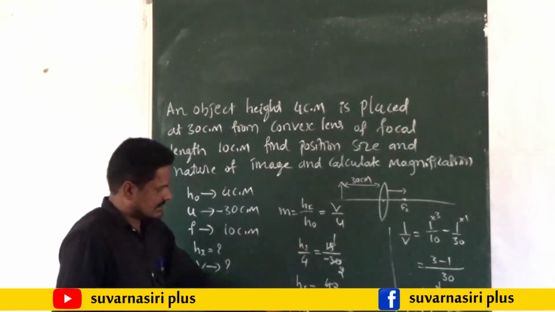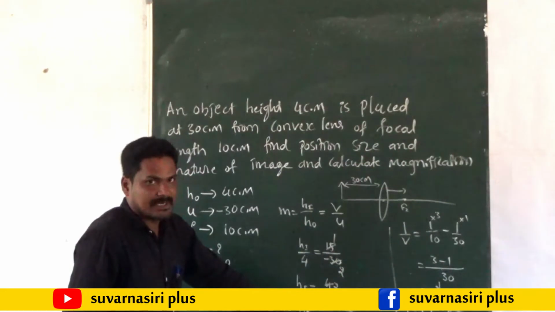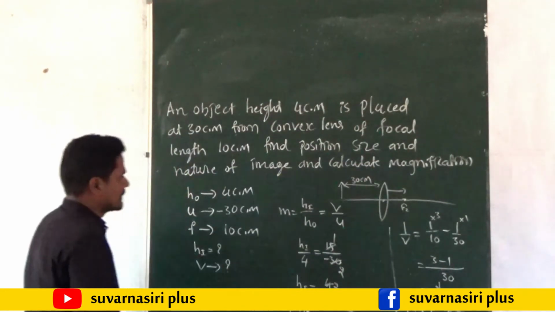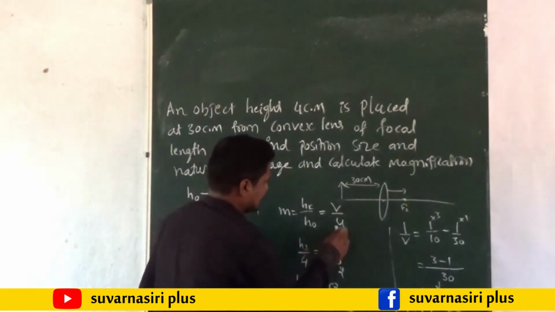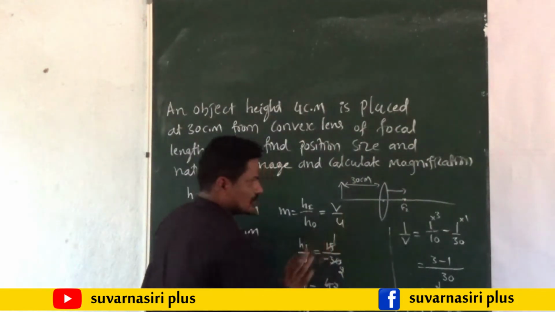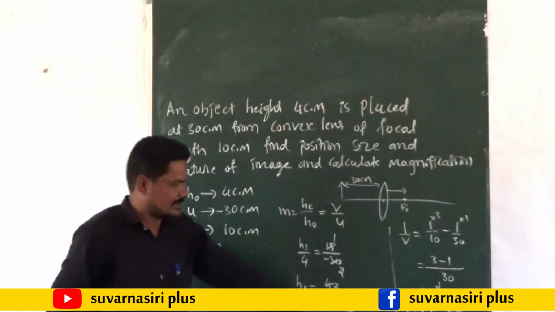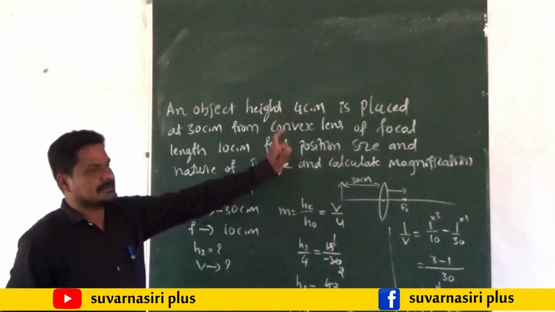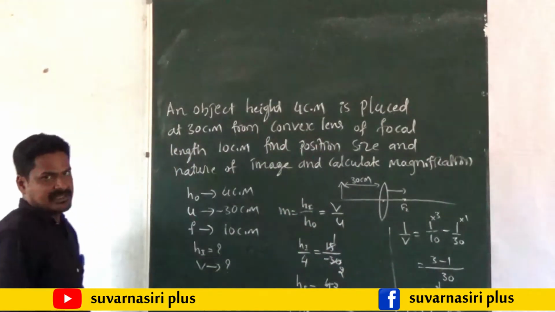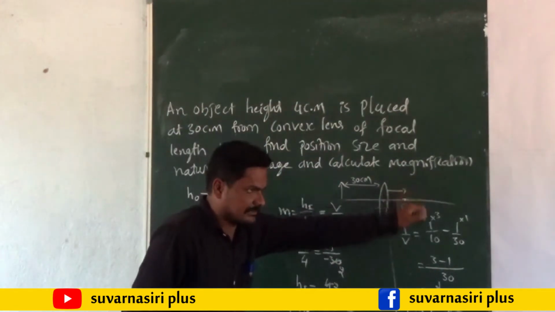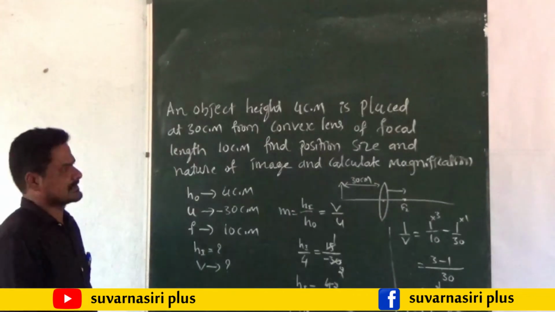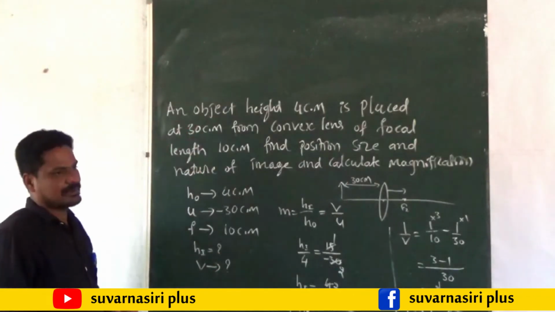The height of the image is minus 2 centimeter. If you calculate this magnification, the magnification produced is minus 2, which is nothing but a diminished image. The real image is forming below the principal axis. This is a very important point.